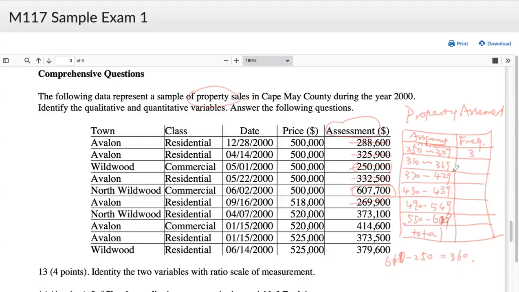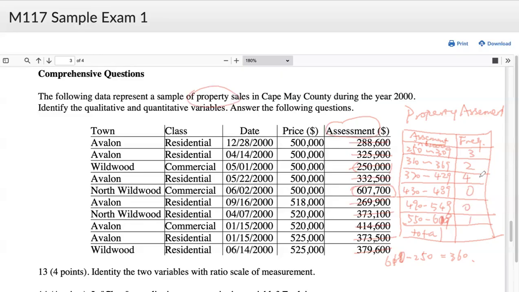Okay. 370 to 429: 1, 2, 3, 4. Right? 370 to 429, we have 4. 430 to 489, none, 0. 490 to 549, 0. 550 to 609, just one.